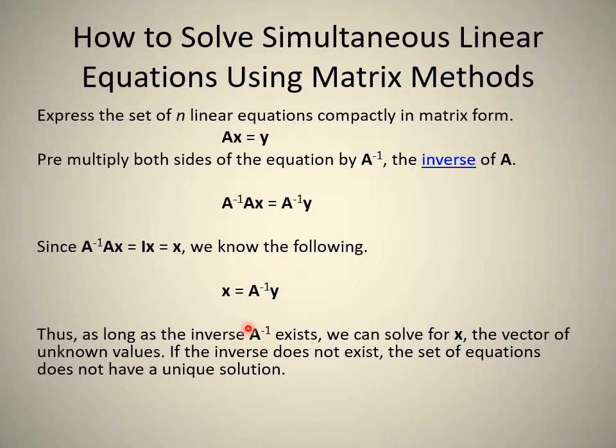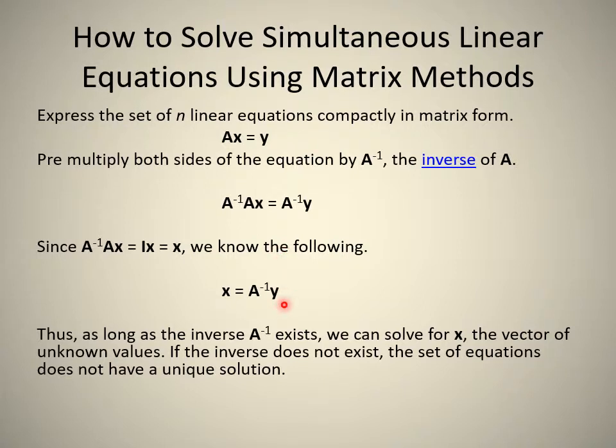So practically, this means we have to determine the inverse of A and multiply the inverse of A with our column vector on the right-hand side. It's possible because the number of columns in A minus 1 equals the number of rows in Y. So we are allowed to multiply those two matrices, the square matrix with the column vector.